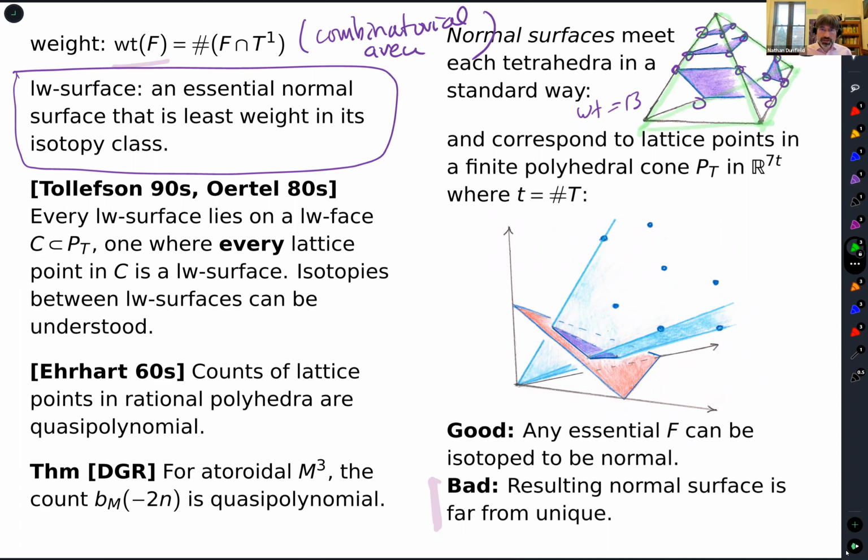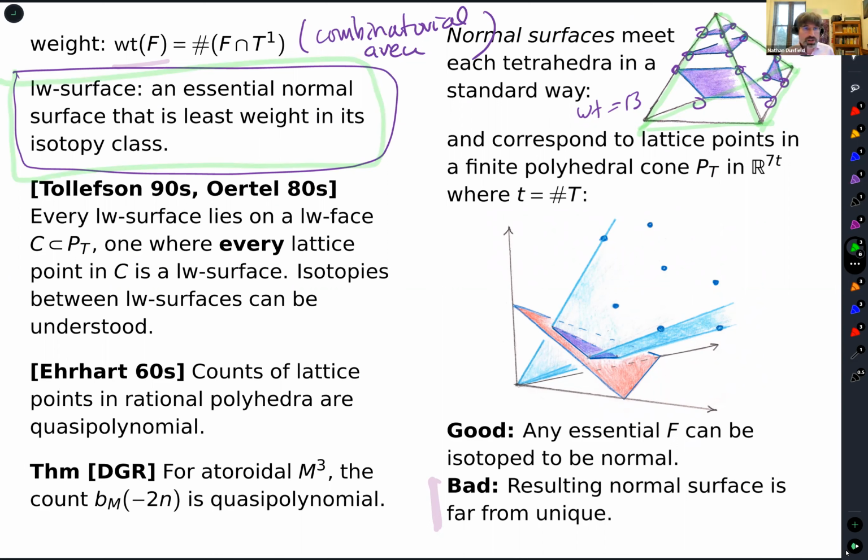A lot of the underlying theory, which I won't get into, can be motivated by this connection to minimal surfaces. But for us, it's just a notion of the complexity of the surface. The smaller the weight, the better. And so let's look at what I'll call a least weight surface.